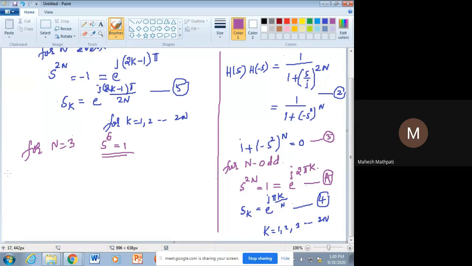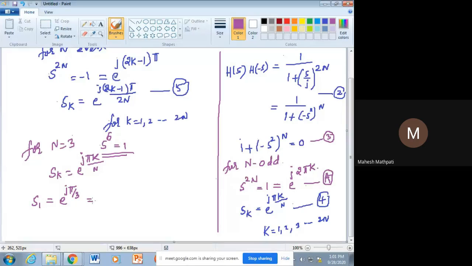From equation 4, sk equals e power j pi k by n. So we will calculate the first root. Let us call it s1, which equals e power j pi by n. Here n is 3.